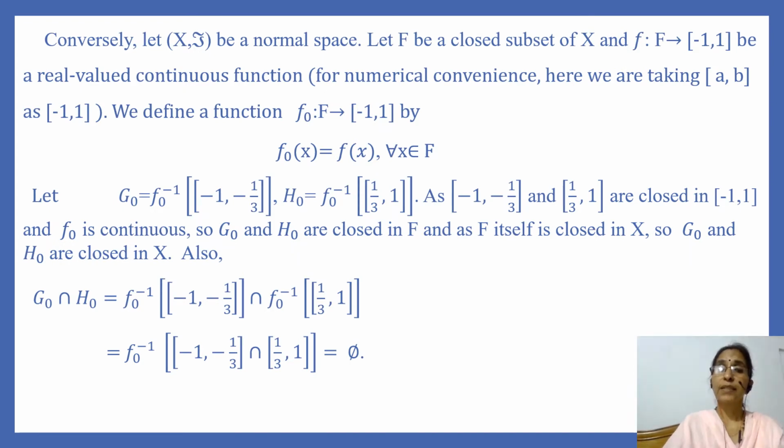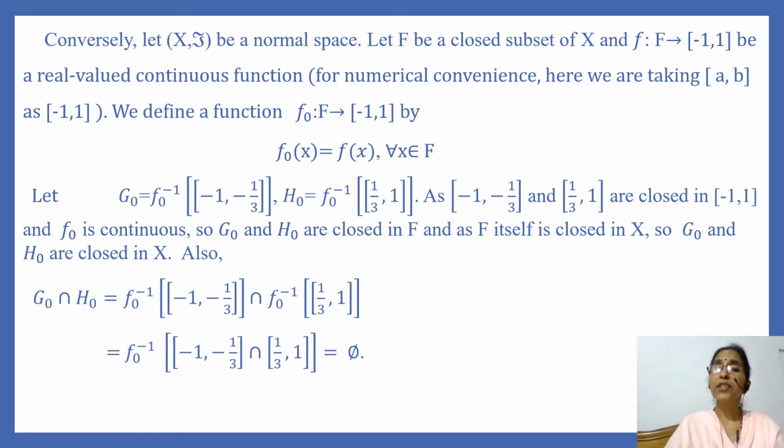Conversely, let (X, τ) be a normal space, let F be a closed subset of X, and f be a real valued continuous function from closed set F to closed interval [-1, 1]. For numerical convenience, here we are taking closed interval [a, b] as closed interval [-1, 1].